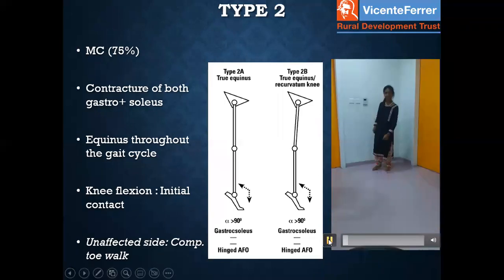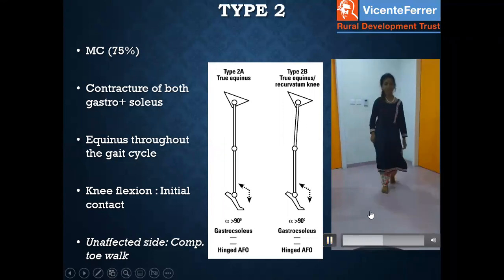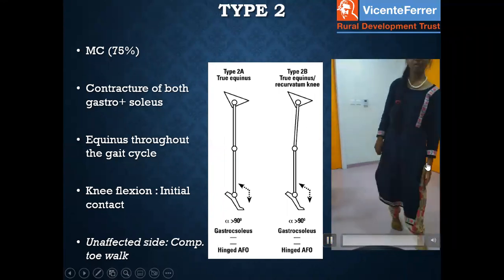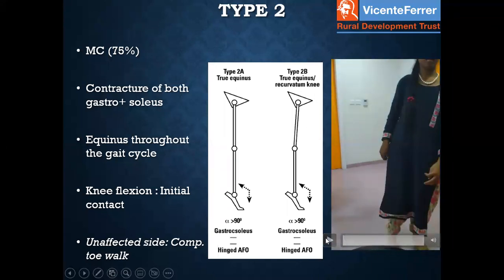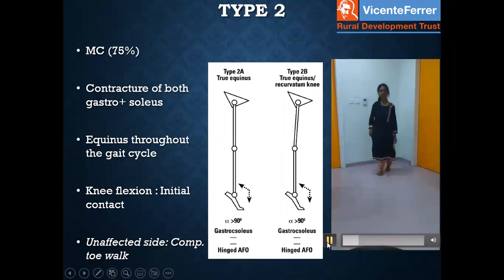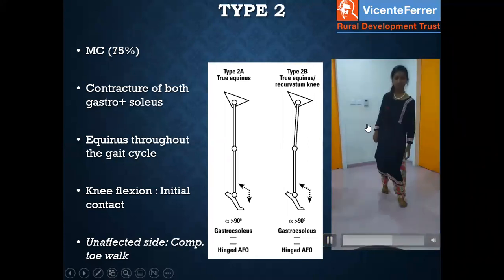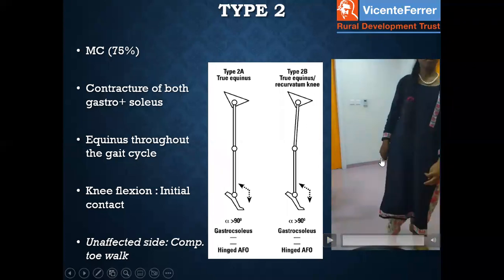In the left upper limb, associated limb movements were there, but in the right upper limb it is absent. And slight flexion at the elbow. Fingers flexion you can appreciate, but wrist flexion is not clear.